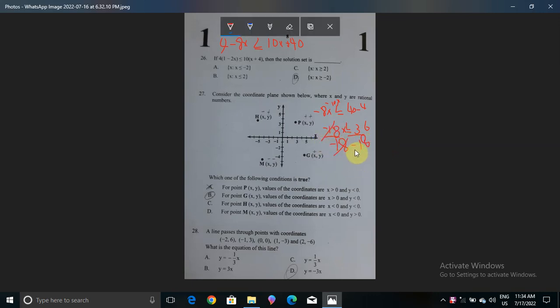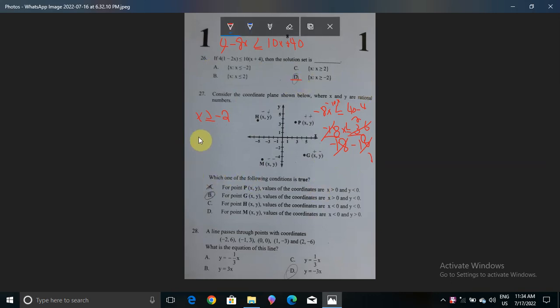So that means it will be here by 1 and here by 2, and because we divide both sides by a negative, we'll change the sign. So x greater than or equal to negative 2. That means the solution set of D is the correct answer.